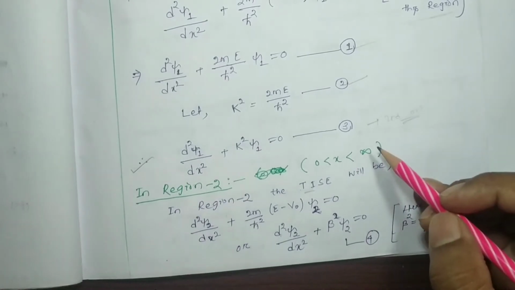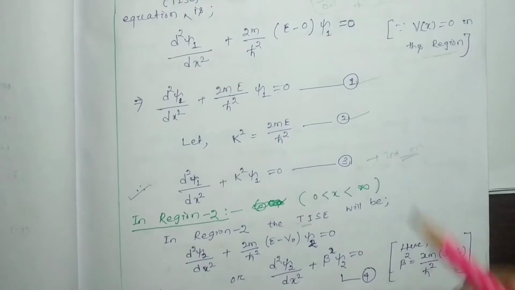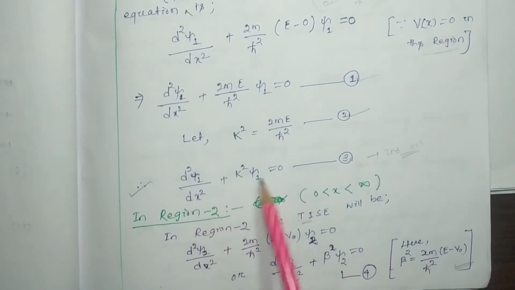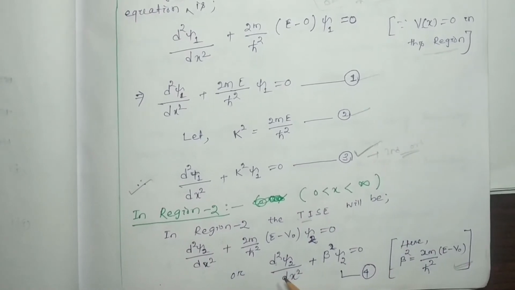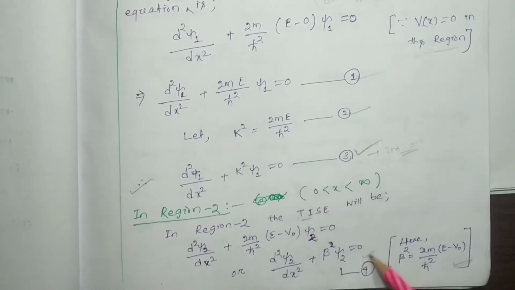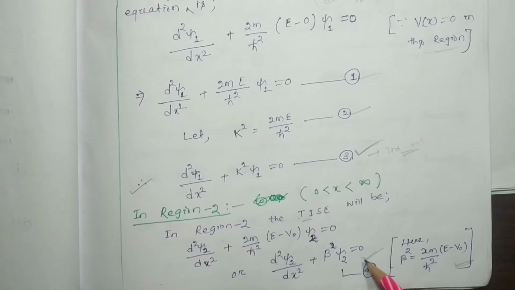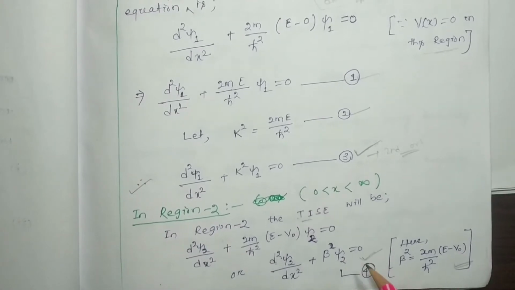Okay, we got the two second order differential equations. For the first region, region 1, this is the dynamics of the particle flux, and equation number 4 is nothing but the dynamics of the particle flux in region 2.